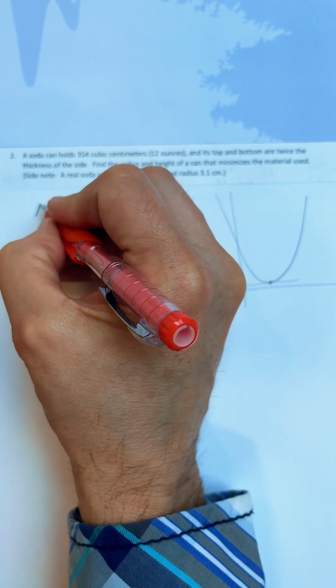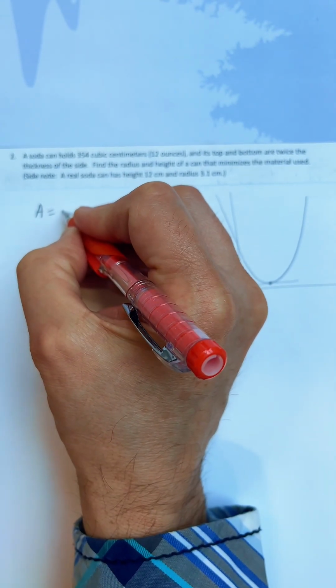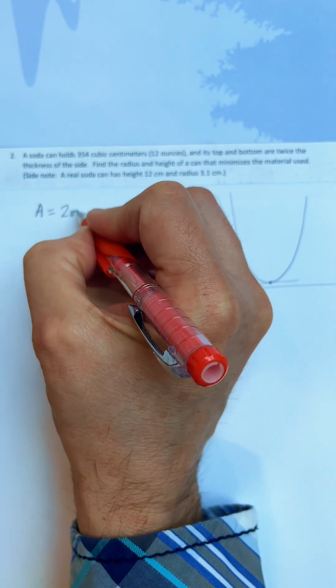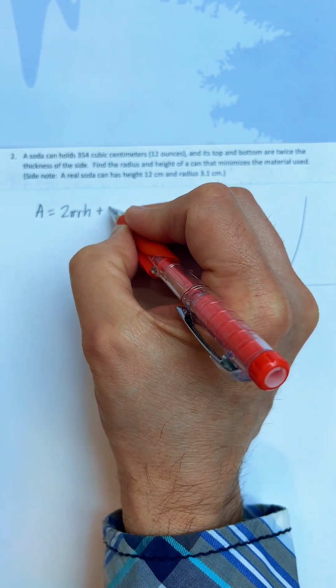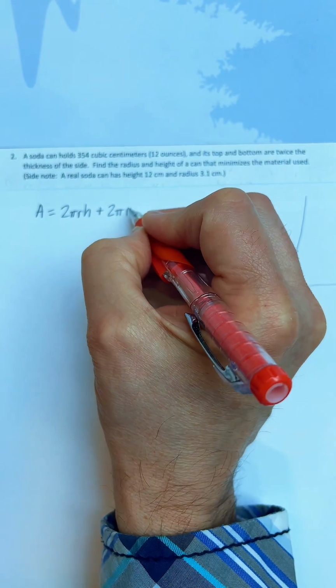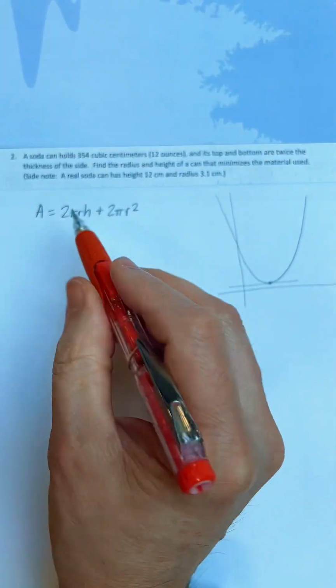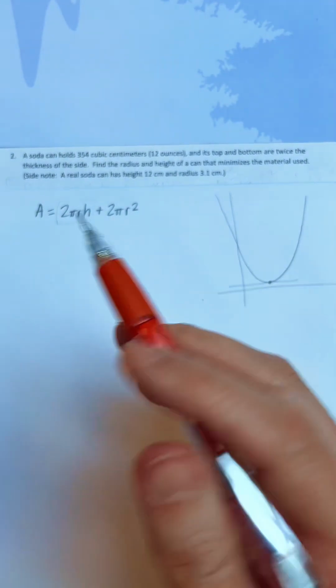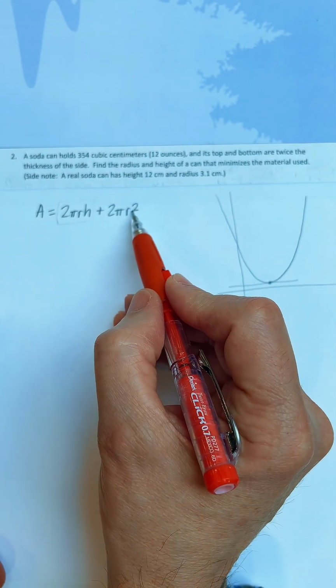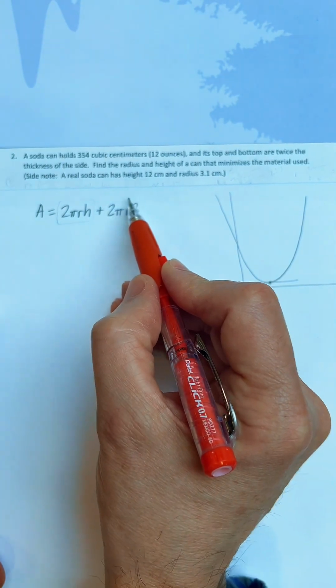The surface area of a cylinder, you have to look it up, is this, and 2 pi r squared, where this is like the surface of the sides of the can, and then this, notice this r squared, this is the portion on top of the can.